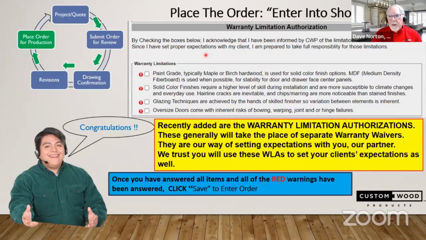What we're doing now is asking you to agree to these warranty limitations. And at the top, you're acknowledging that we've talked about this and that you've set the proper expectations with the client with this information, so that we all are on better footing when the job's delivered.